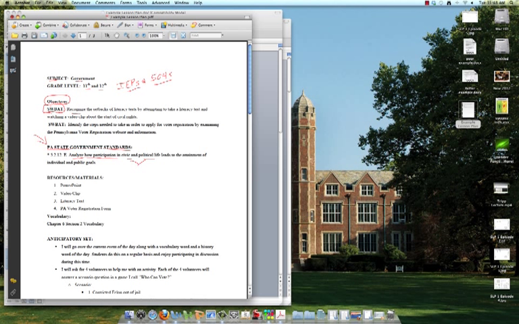The next one, students will be able to identify the steps needed to take in order to apply for voter registration by examining the Pennsylvania voter registration website and information. That might lead more into this participation aspect, so that might be a bit of a connection, but this one definitely isn't. So what you need to do is put your standard, these standards should have been up here because that's what we begin with. But really take a look at your professional standards.